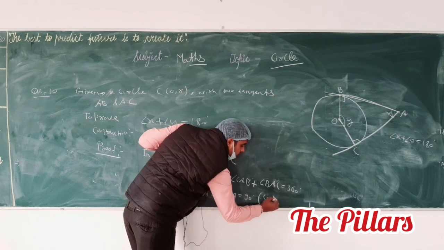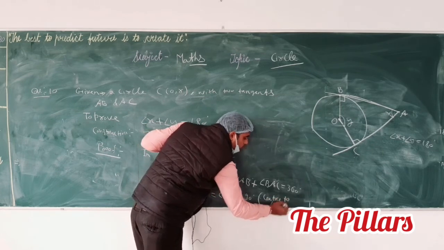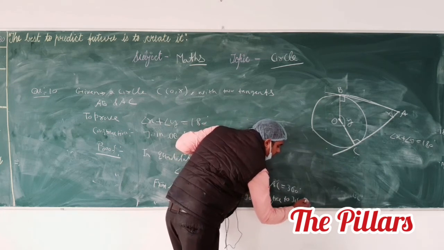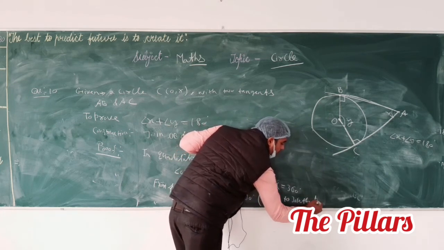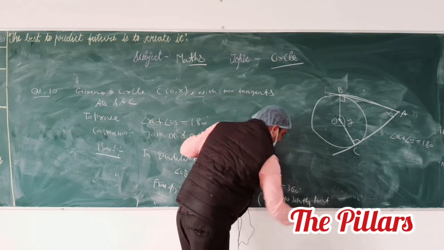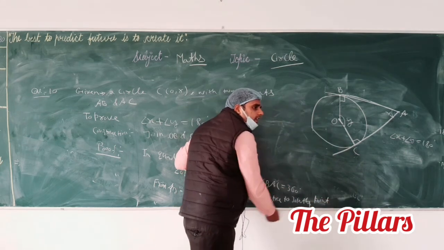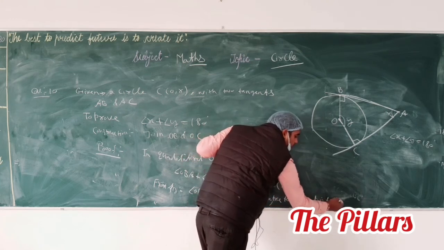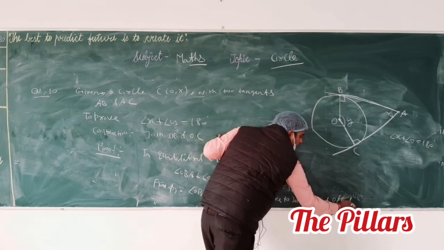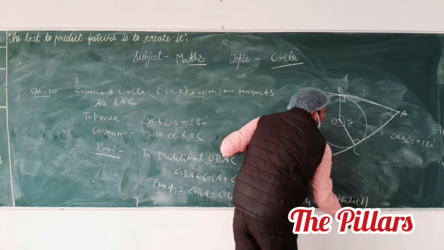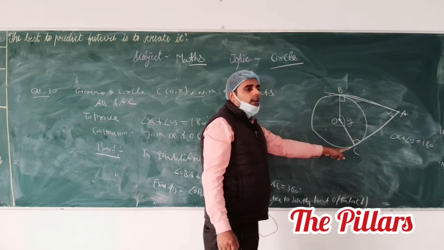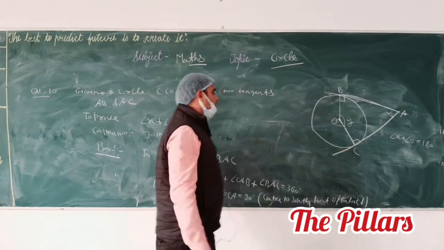Because the center is joined to the point of contact. Whenever you join the center to the point of contact, it is always perpendicular, and these two angles are 90 and 90 degrees.